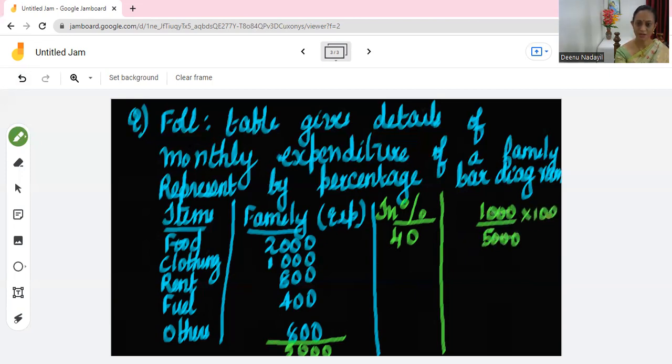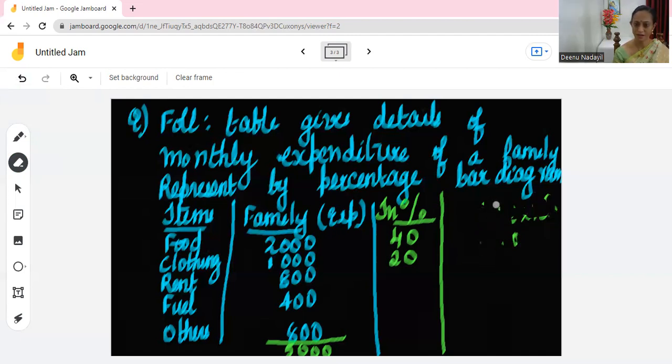This and this get cancelled, and 5 becomes 20. So just 20. This is the way we have to find it out, so we have written 20 over there. This is how we will be finding it out in terms of percentages.